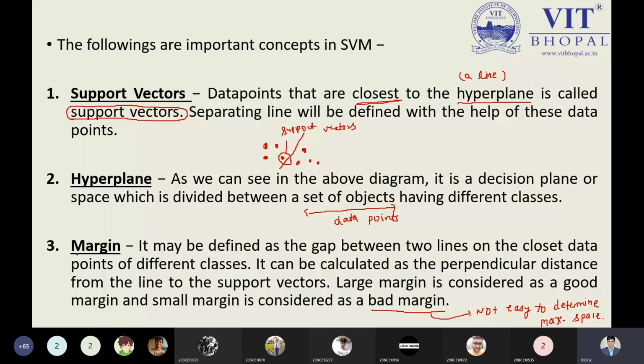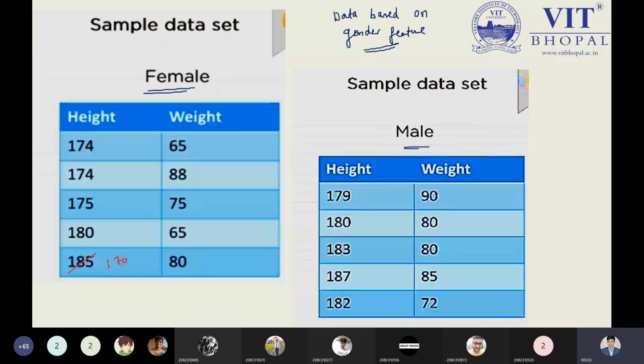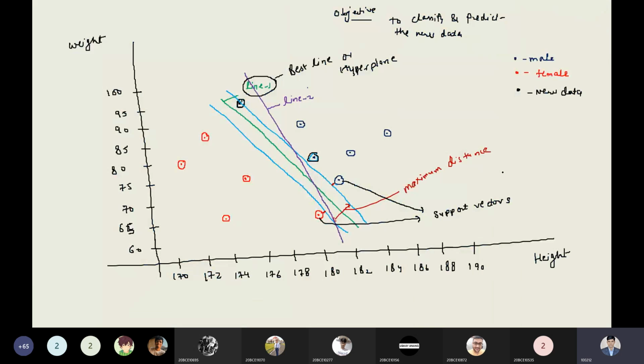You can easily understand by the graph. So here I am choosing line 1 based on the maximum distance, and this maximum distance will keep a large margin between the two parallel lines.